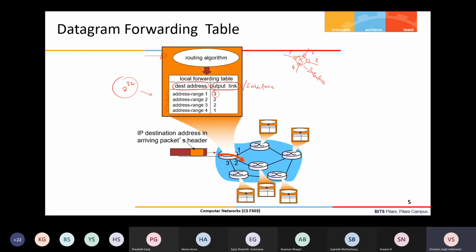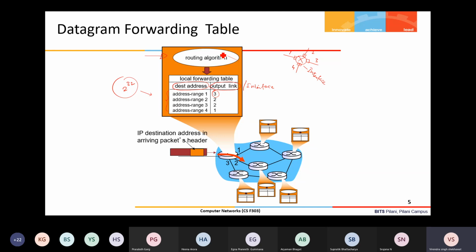How it is computed is the outcome of the routing algorithm. The routing algorithm runs and the forwarding table is constructed using it. Right now, don't worry about that. Once we learn how the routing algorithm works, how it computes the path and identifies the next hop to which the packet should be forwarded so that it can reach the destination, you will be able to connect it.